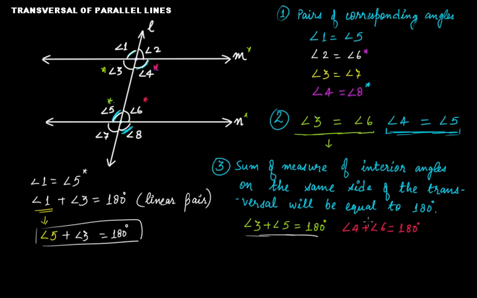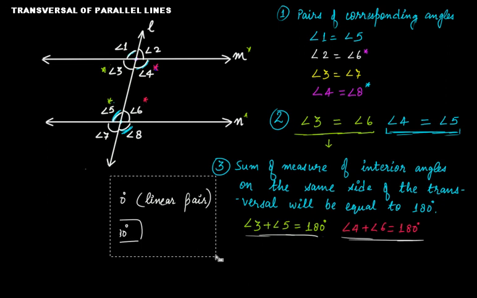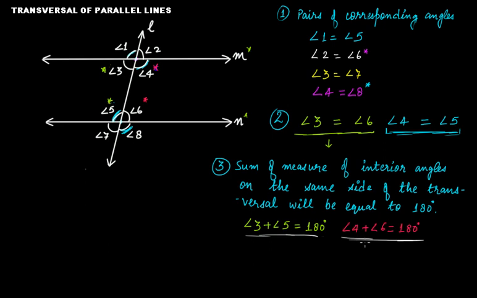Similarly, for this one, let's prove it. We have to prove that angle 4 plus angle 6 is equal to 180 degrees. Now we know that angle 2 is equal to angle 6, a pair of corresponding angles, and similarly, as we saw in the case of angle 1 and angle 3, angle 2 plus angle 4 will be equal to 180 degrees since they are a linear pair.